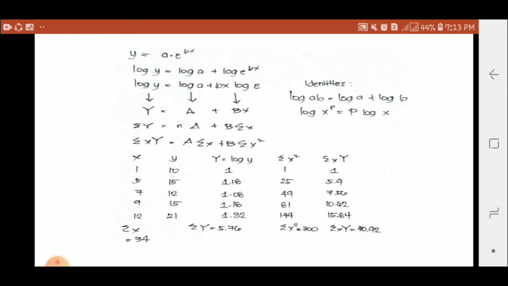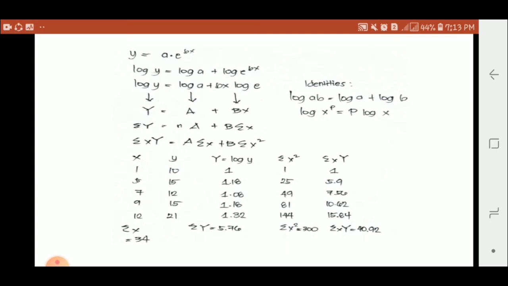After this, we can derive the equation into log y equals log A plus bx log e. We also have the identity of logarithm for a power: log x raised to the power p, we bring the power down, p log x.